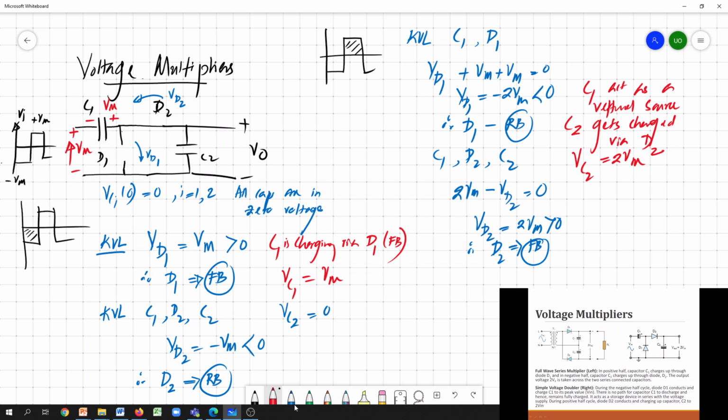So if we consider capacitor 2, we basically apply 2 times Vm across it. So this capacitor 2 also gets charged to 2 times Vm. So Vc1 is still at Vm, nothing happens.